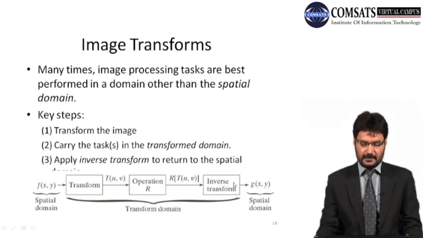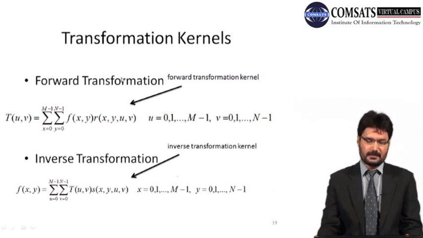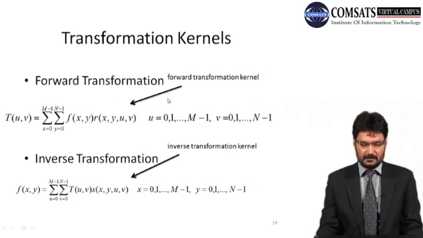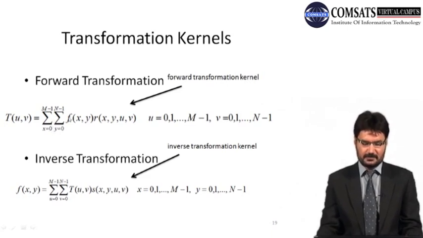So for that reason we need to have this inverse transformation. There are many other transformation methods, and for those the transformation kernels are very important. The forward transformation that we use is T(u,v), and then we have double summations because of the two dimensions, as we take this image, or maybe the transformation, as an m by n dimension.